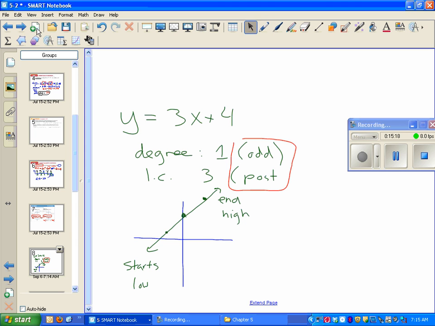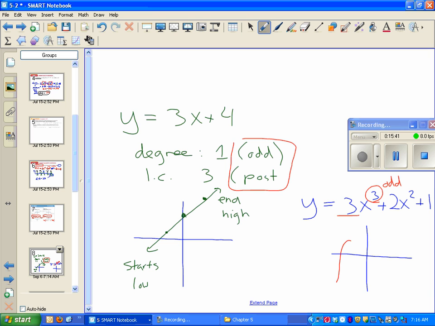So if I have something a little bit crazier, like y equals 3x cubed plus 2x squared plus 1, I'm just going to graph the end behavior correctly. So we still have our leading coefficient is positive 3, our degree is odd. We're still following the end behavior where we're going to start low.